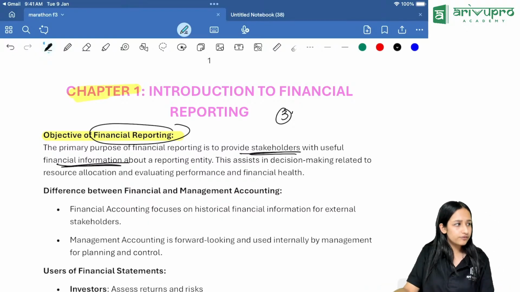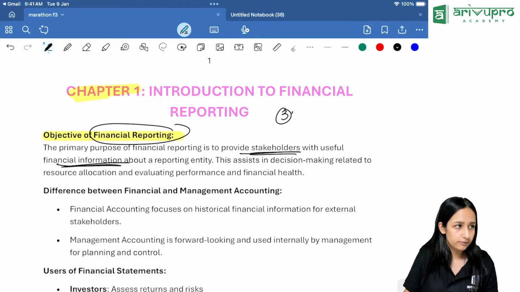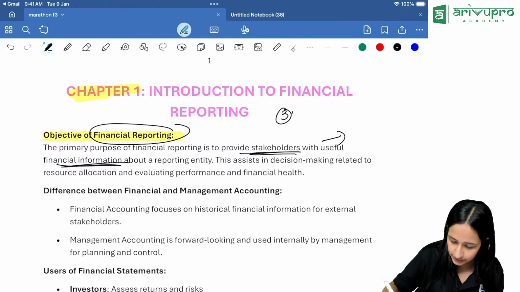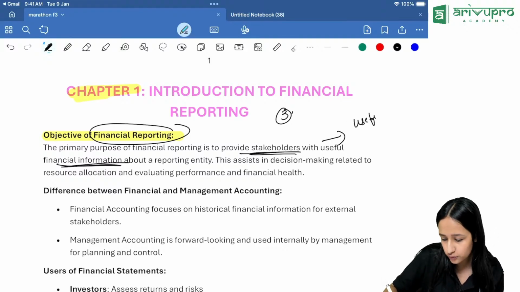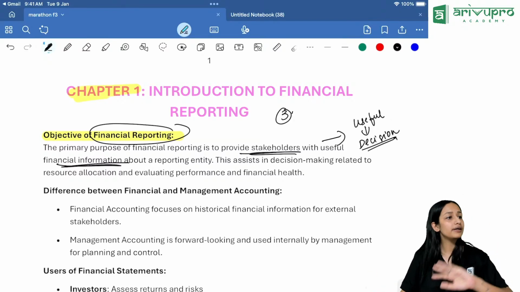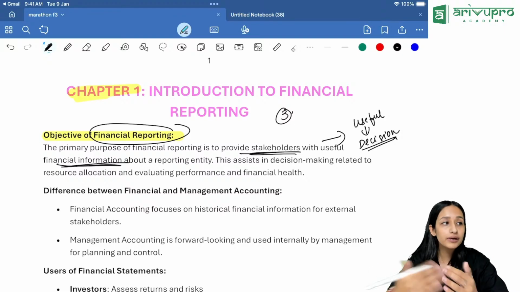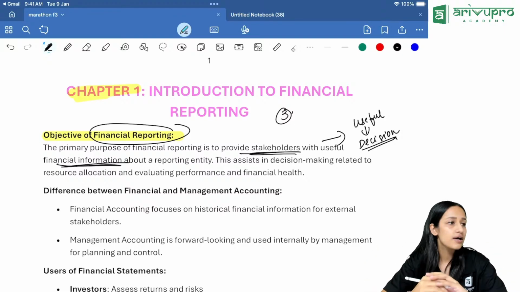What are these useful financial information that we're talking about here? Anything that helps us make a decision. So basically, any information is useful if it helps us in making a decision. Decision on what could be multiple things, right? So stakeholders could be shareholders, they could be employees, management, customers, suppliers, competitors, many people.